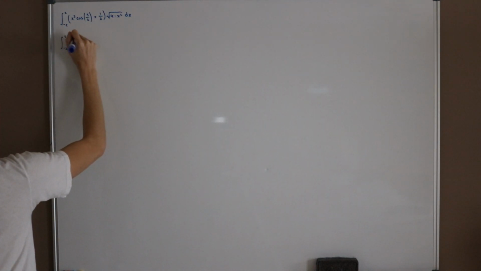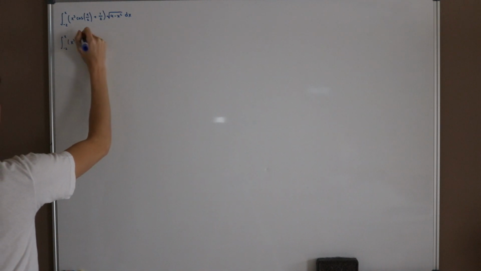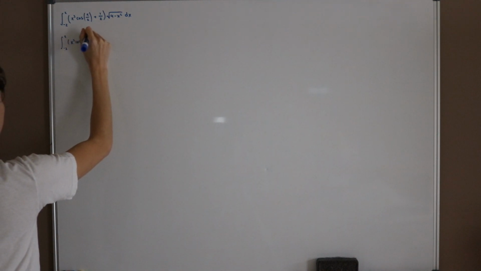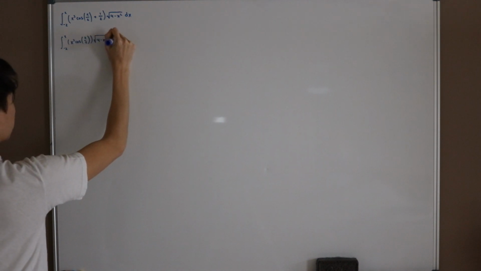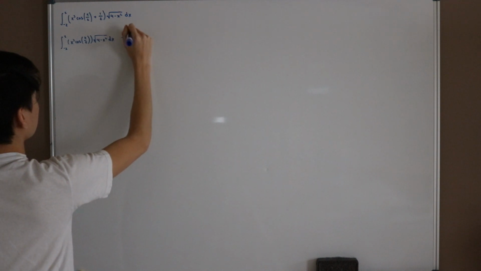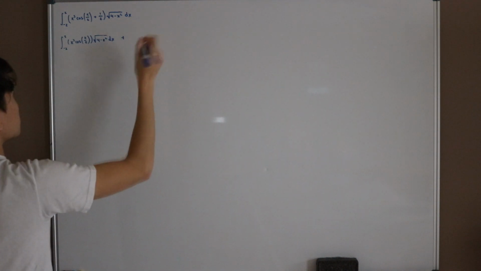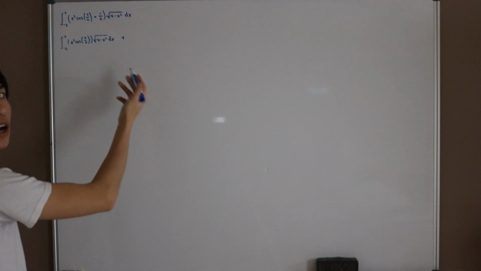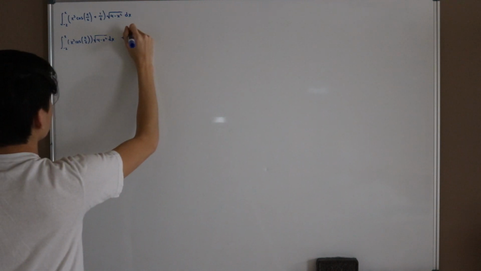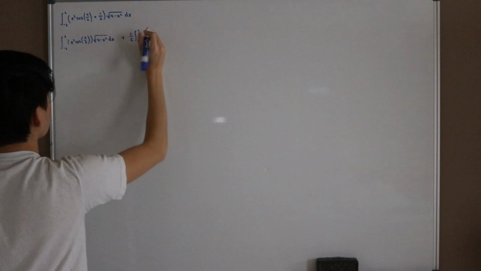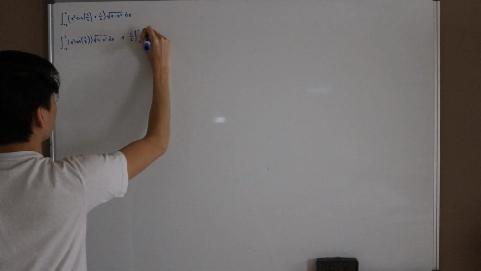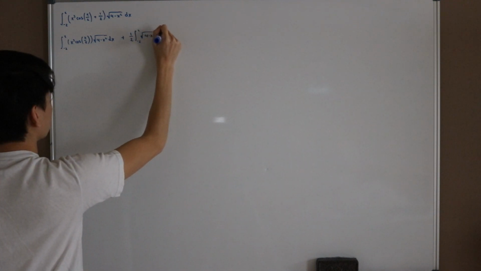So I'm going to write x cubed cosine of x over 2, multiplied by 4 minus x squared dx, and then plus, because 1/2 is just a constant, I'm going to move it outside of the integral, so 1/2 times the integral from -2 to 2 of the square root of 4 minus x squared dx.